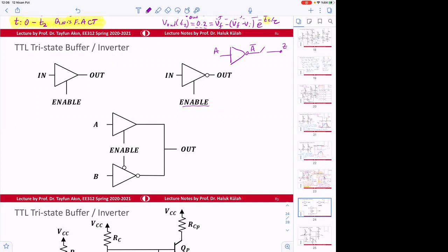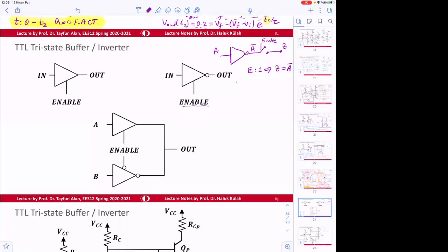Okay. And this is enable. When enable is high, enable is logic 1, okay, this will be on, so it will be turning on. Enable on means Z is equal to A bar.